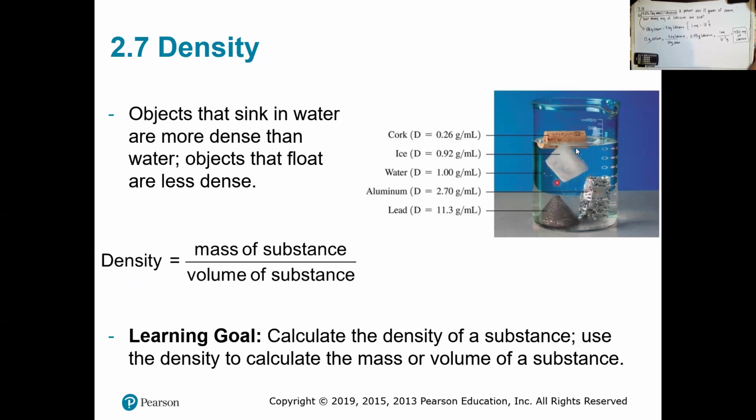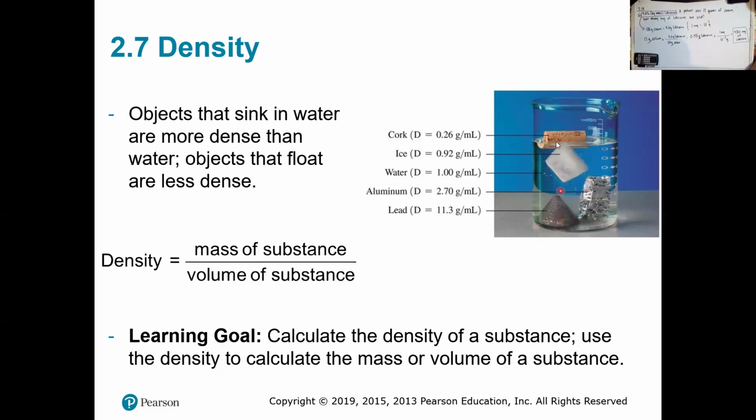You can see what's happening in this situation here. You've got a whole bunch of stuff in a beaker of water, and what's interesting about how the density of one thing is related to the other is that you can see some things float and some things sink. All of these things are in relation to liquid water.